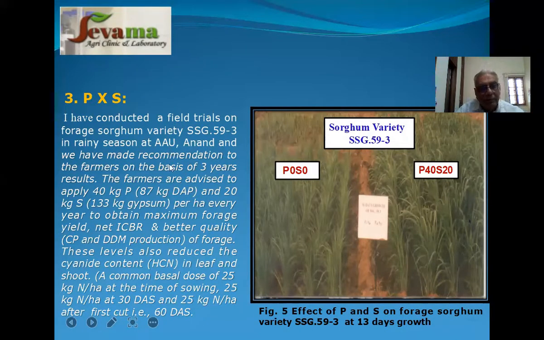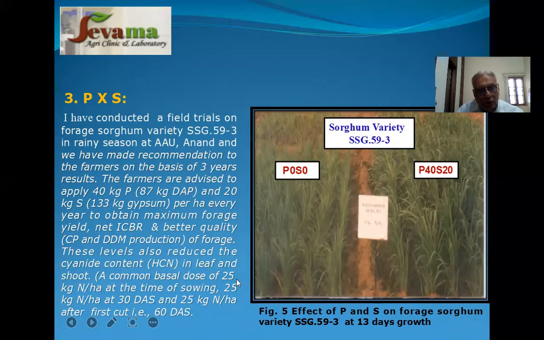And we have made a recommendation to the farmer on the basis of the 3 years results. The farmers are advised to apply 40 kg phosphorus, that is 87 kg DAP, and 20 kg sulfur, 133 kg gypsum per hectare every year to obtain maximum forage yield, net increment cost benefit ratio, and better quality crude protein yield and digestible dry matter production of forage sorghum. This level also reduces the cyanide content, hydrocyanic acid, in leaf and stem.